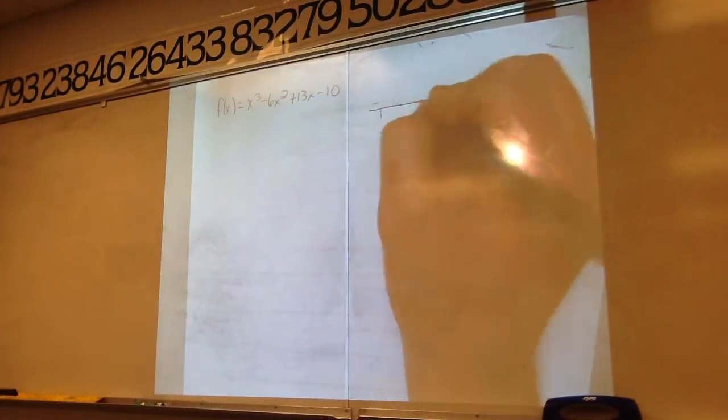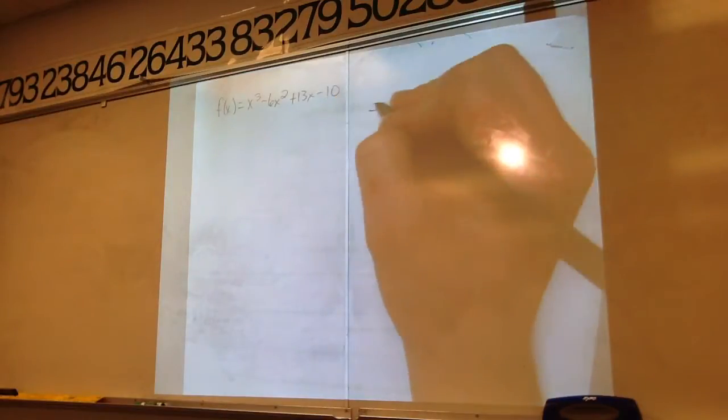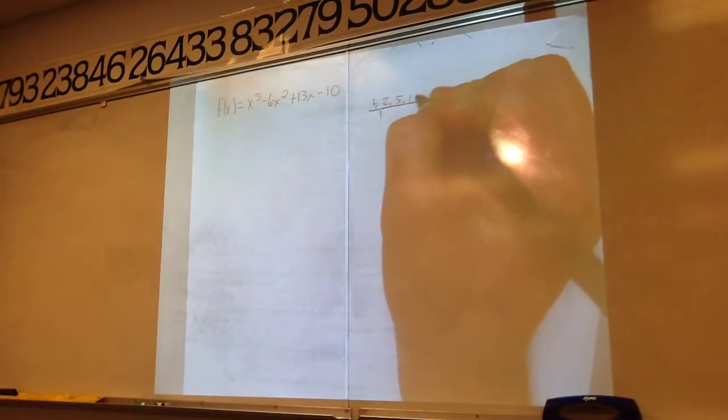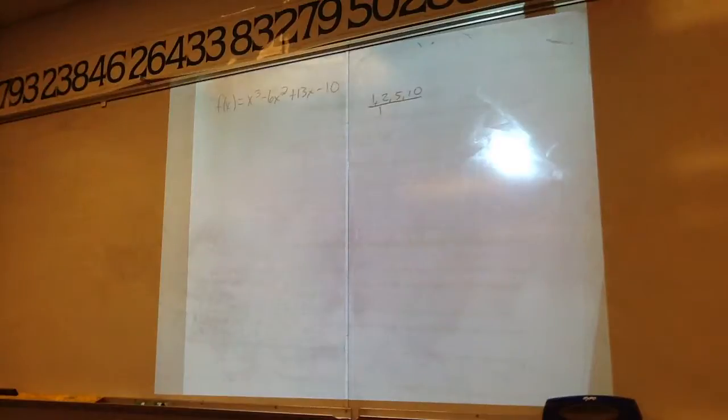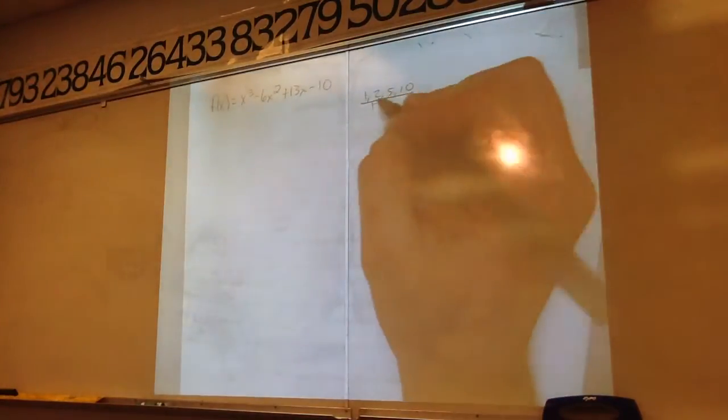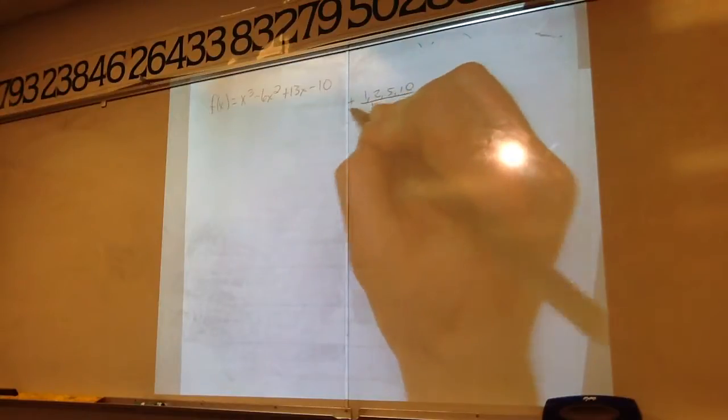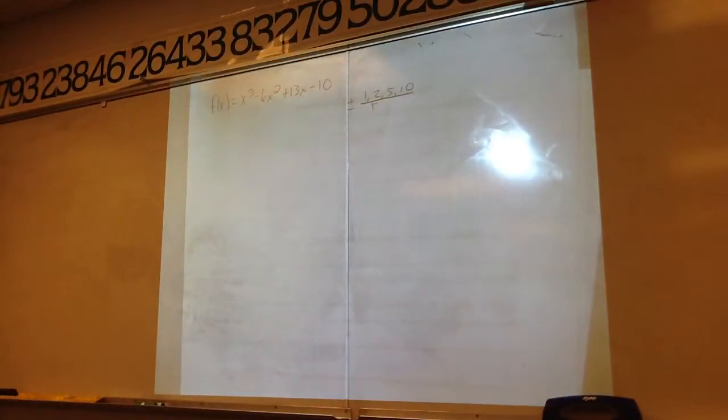One's on bottom. The factors at the front are just 1. That makes it easy, because now that's just 1, 2, 5, or 10. So there's really only 8 possibilities. Why do I say 8? Because it's 4 times 2. There's 4 here, and they're all positive or negative. So there's 8 possibilities for zeros for this.